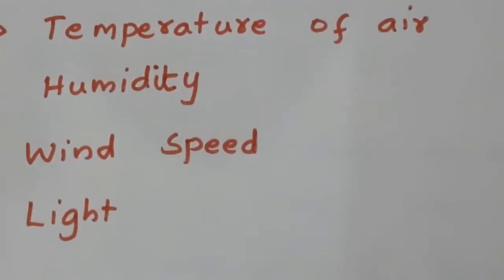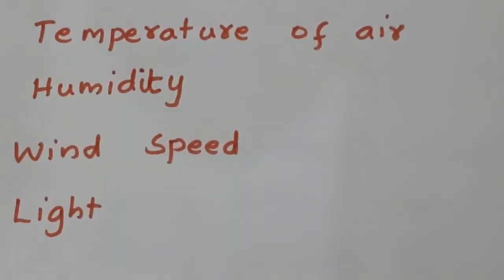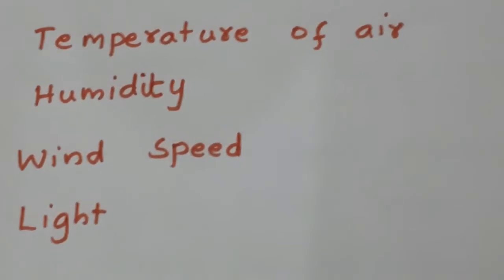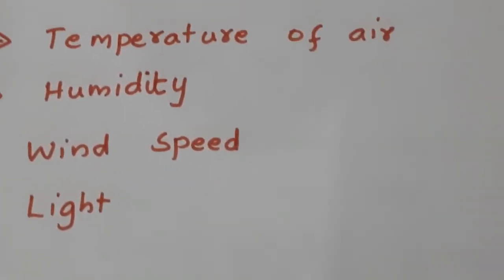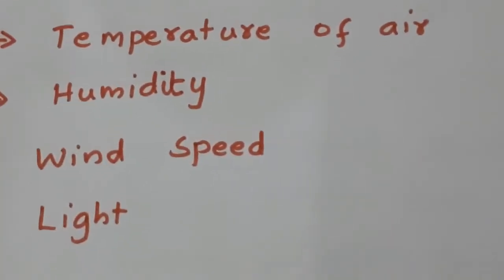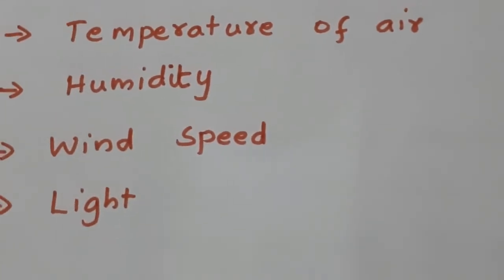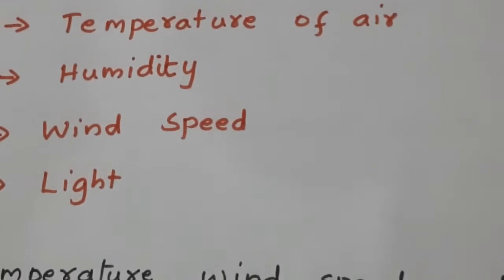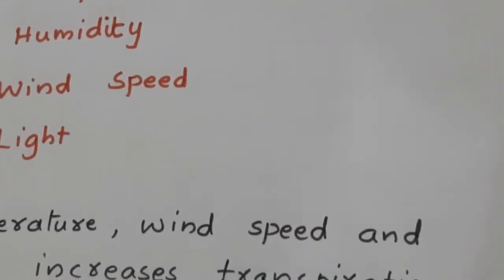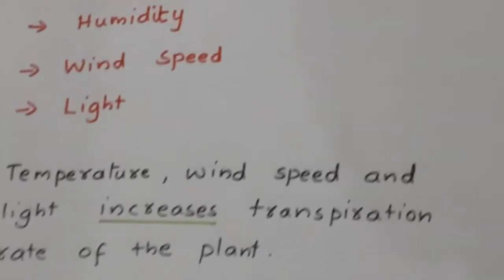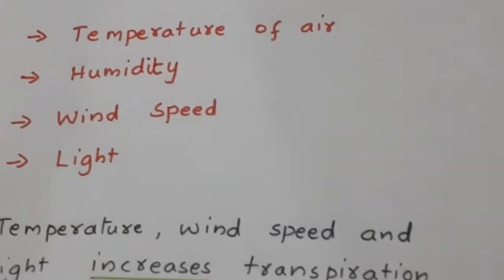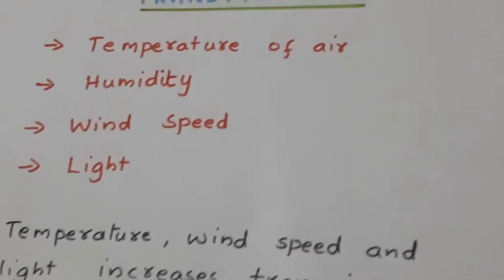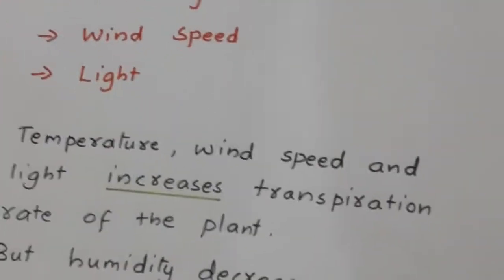If the humidity is more, it will also affect transpiration. Then the wind speed, how fast the wind is blowing. Then the light. Light also is a factor affecting transpiration. Some factors will increase the rate of transpiration, and some factor will decrease the rate of transpiration. We will see one by one.